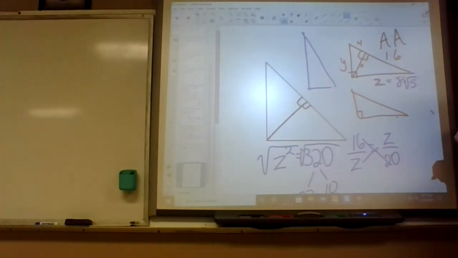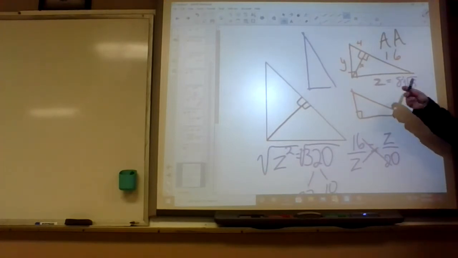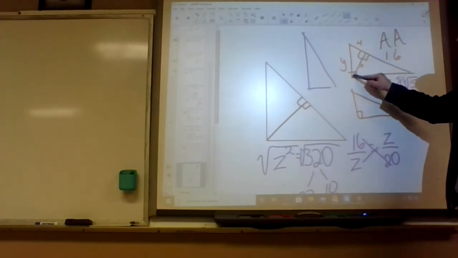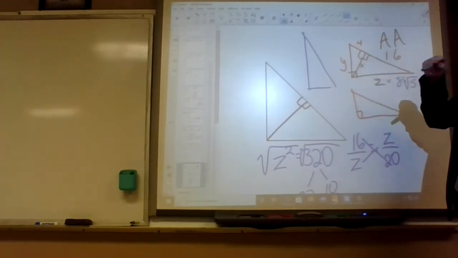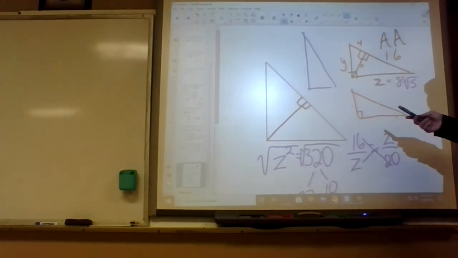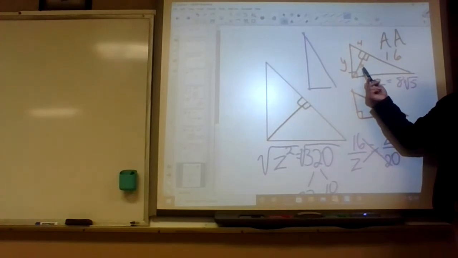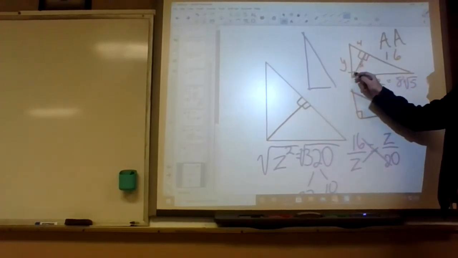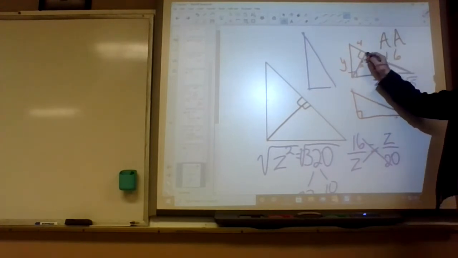Now that we have Z, we're probably going to use that in the other one. So, X, on this, let's see. Write this down. Okay, X is the short leg on this blue triangle, right?